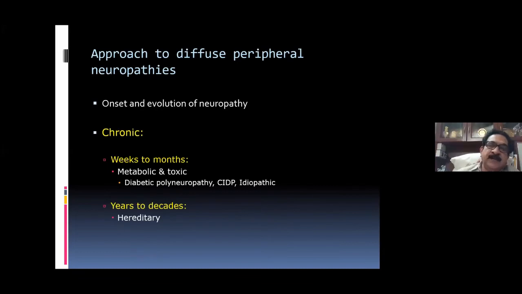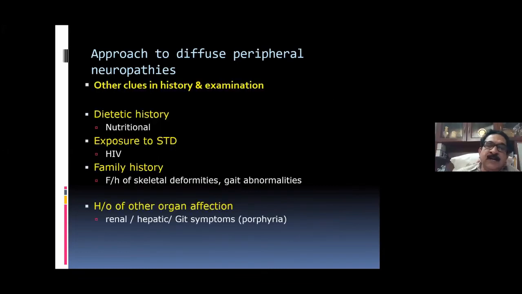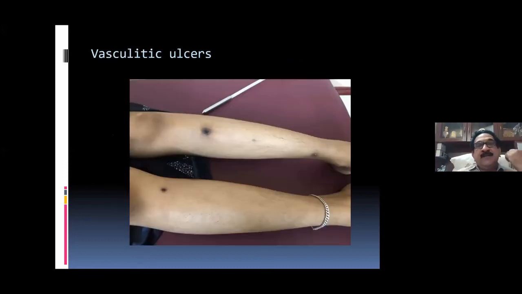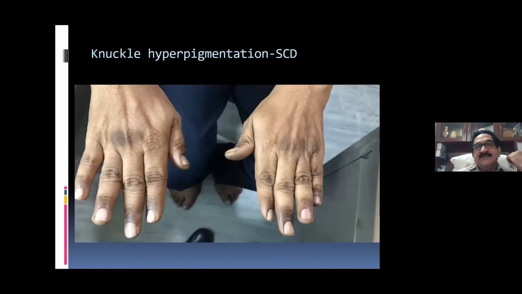Think of hereditary neuropathy, deformities, gait abnormalities, and history of other organ dysfunction. These all give clues to the etiology of the neuropathy. The dermatologic clues like vasculitic ulcers, subacute combined degeneration.